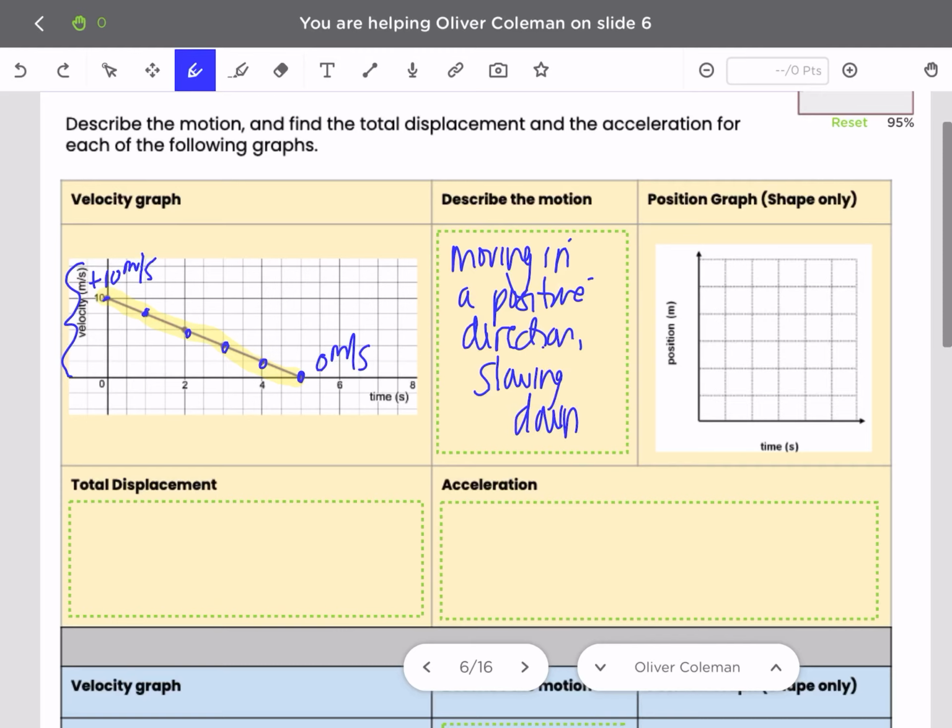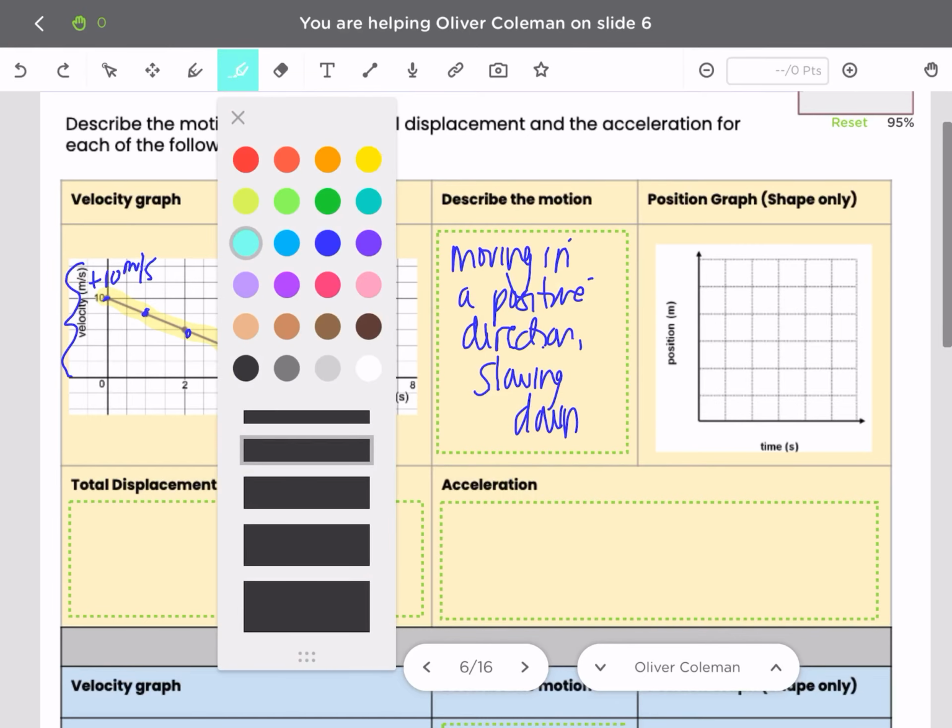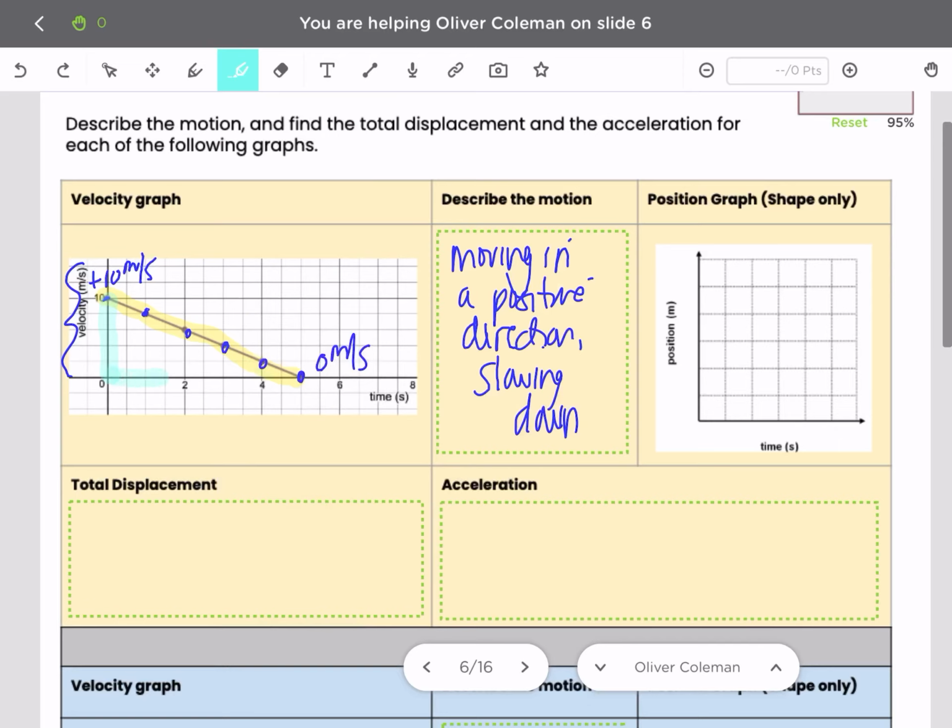If I want to know the displacement, remember I'm just going to find the area of that triangle. The area is 1/2 base times height. Let me write displacement.